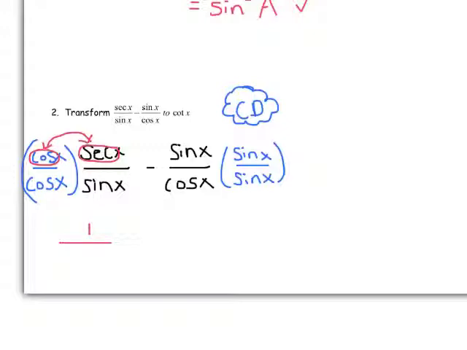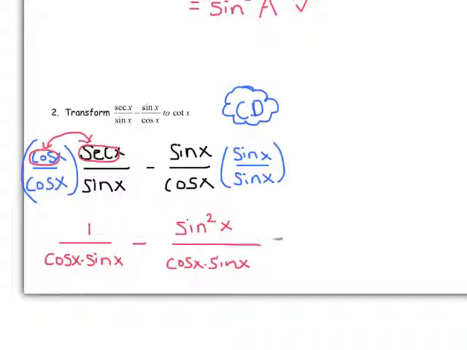And then I have cosine times sine. That doesn't really multiply to anything, so I'm just going to have to write that out. Cosine times sine. Then I have my minus sign, minus operation right here. And then sine times sine is sine squared. And cosine times sine, cosine x times sine x.